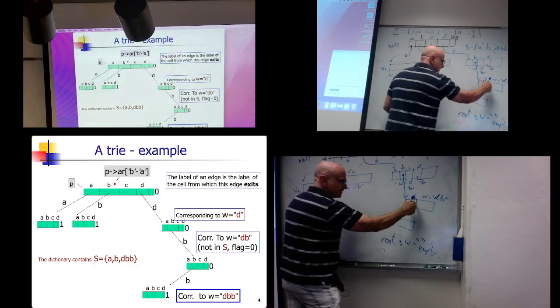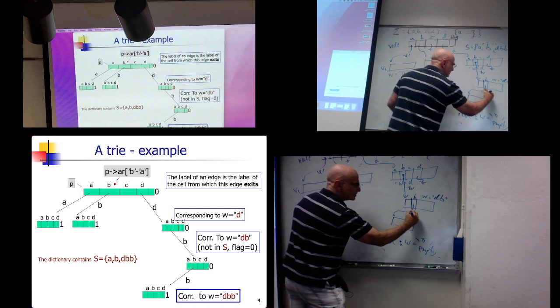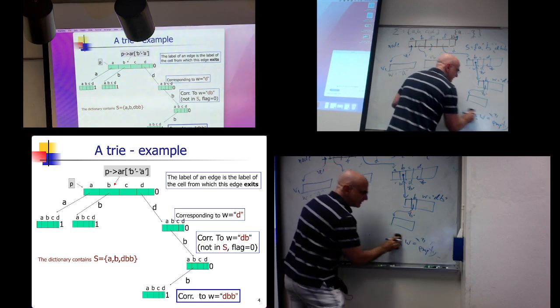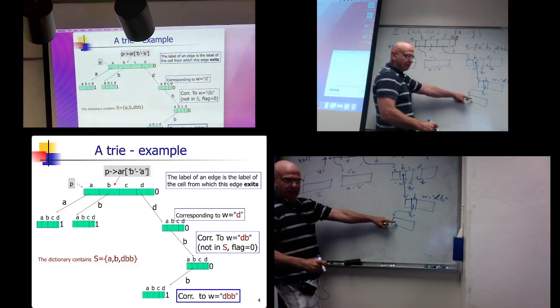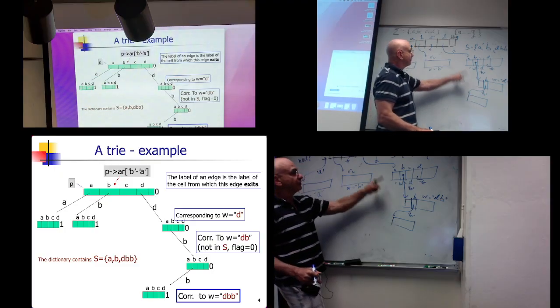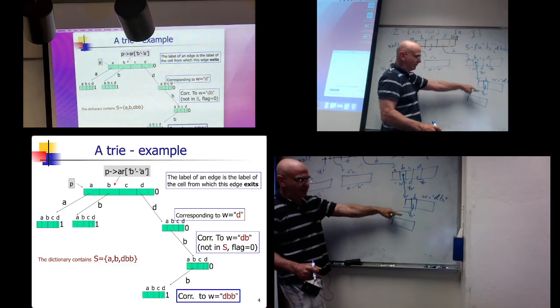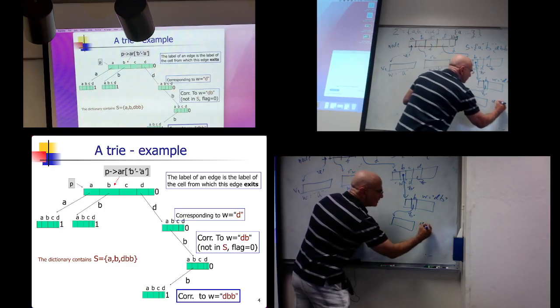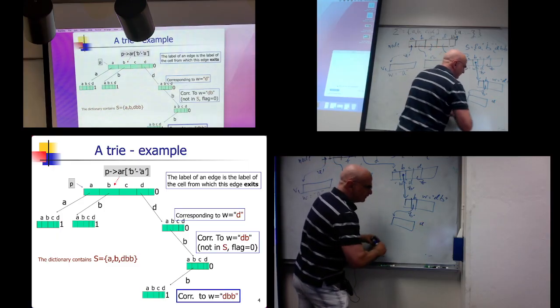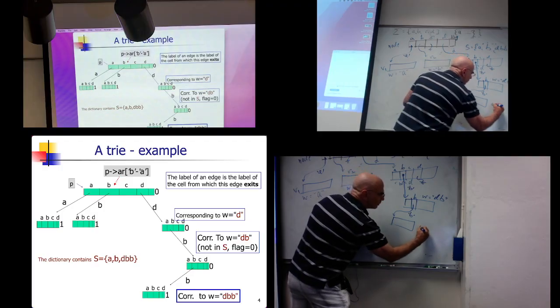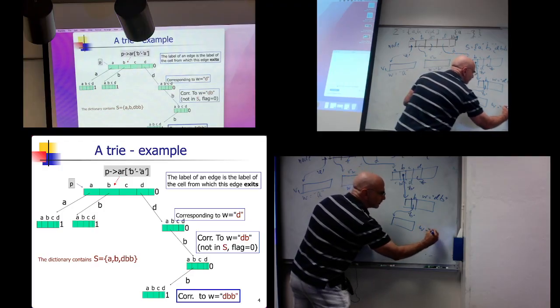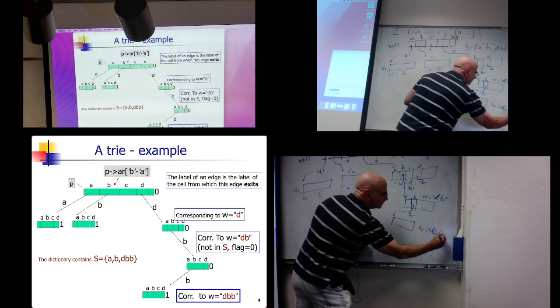The label of this edge is coming from the cell B. That's why I'll denote the edge as B. And this node corresponds, therefore, to D followed by B followed by B. The word over here is DBB.